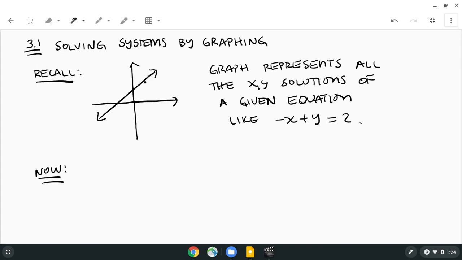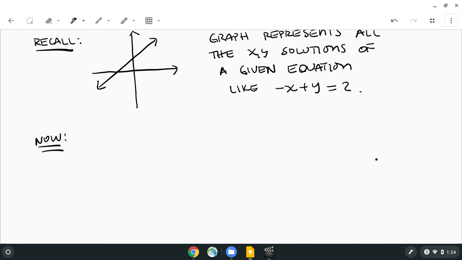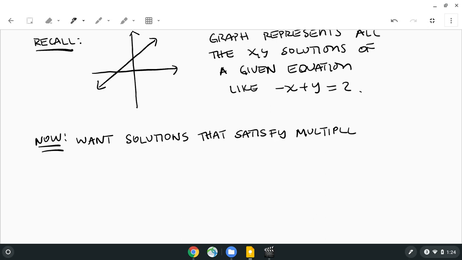And we want to know which x and y works not just for this equation, but also works for another equation. So that's what we're going to be doing here. We want solutions that satisfy multiple equations at the same time.